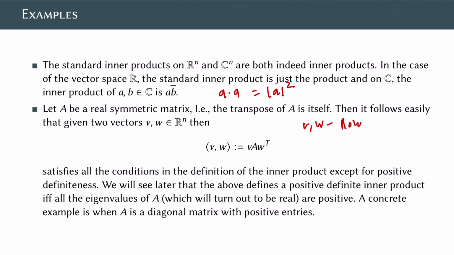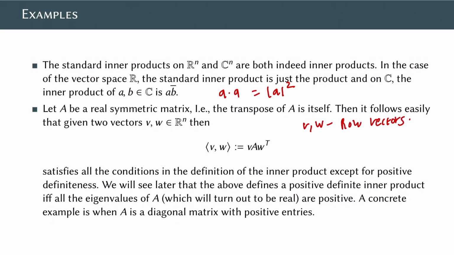So what I'm doing is I'm multiplying v with A and then I'm multiplying the product with w transpose. Check that this is actually going to satisfy all the conditions of the inner product except for positive definiteness. It will not in general be positive definite.